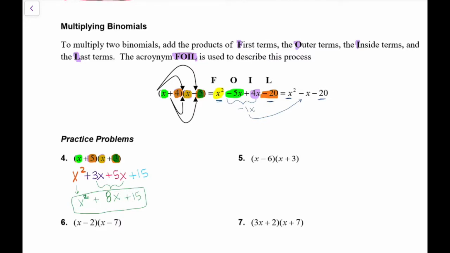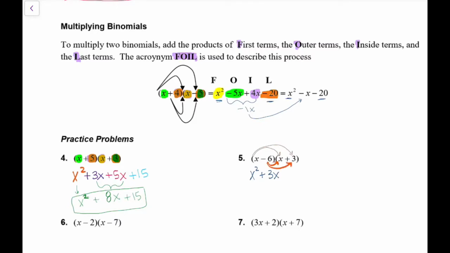Looking at number 5, we're going to do x times x, the first two terms, together. Another way of thinking about this is we're taking the x and we're multiplying it into both pieces of the second parentheses. So x times x gives us x squared, x times 3 gives us 3x. Then we're going to take the negative 6 and distribute it in.